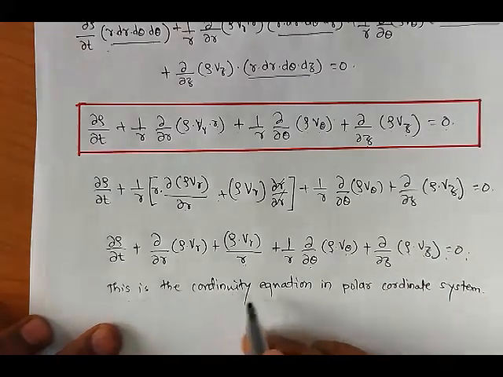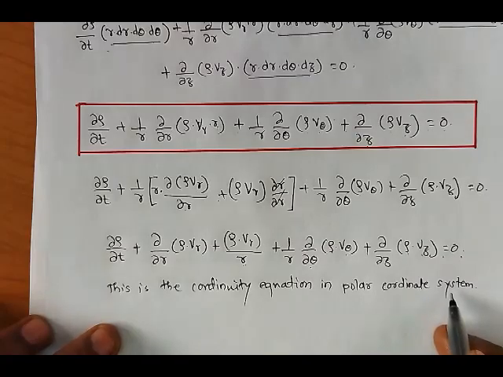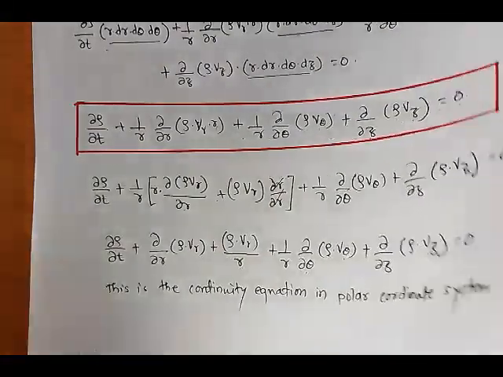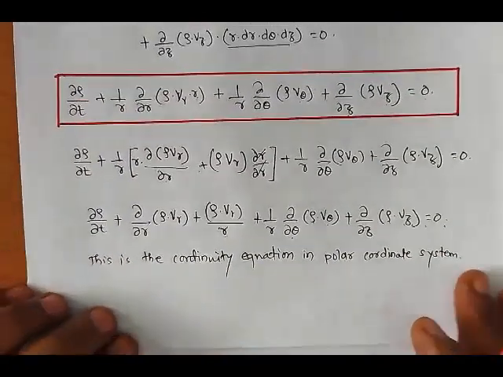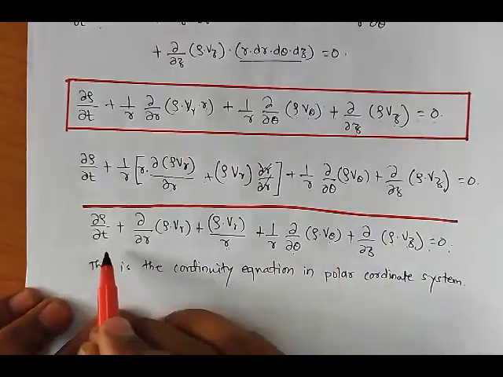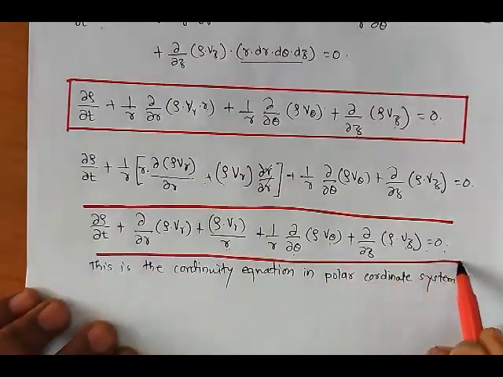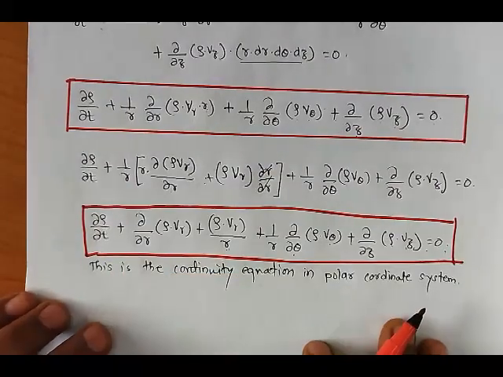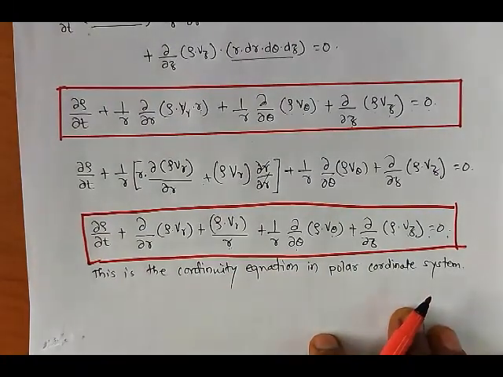So this is the continuity equation in the polar coordinate system. This is the simplified form of the continuity equation in polar coordinates, or the cylindrical coordinate system.